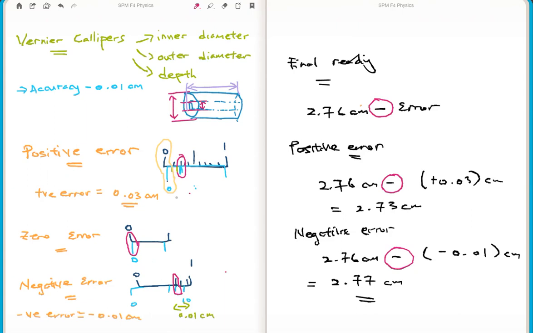Positive error is when the zero of the Vernier is on the right hand side, like in the Cartesian, anything on the right hand side is positive. So therefore, the Vernier on the right hand side is a positive error. Likewise, if the Vernier scale is on the left hand side of the major scale, it's a negative error. So that's actually how you normally read a Vernier caliper.